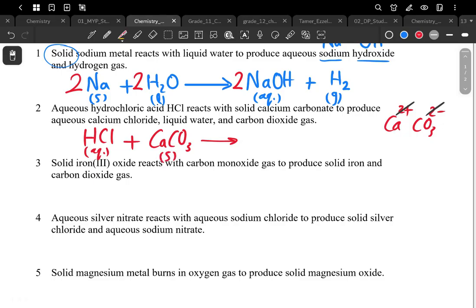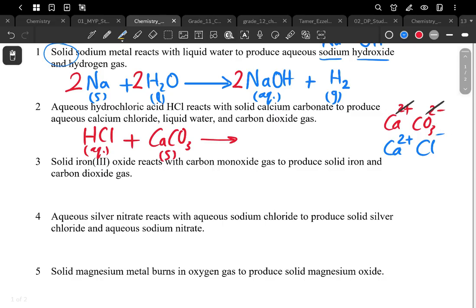This produces aqueous calcium chloride. So I'm gonna again work out the calcium chloride on the right side here. Calcium again belongs to the second group of the periodic table. It has a charge of 2 positive. Cl belongs to the 7th group in the periodic table. It has a charge of -1. So since the charges are not equal, what should we do? Yes, correct. We crisscross the numbers, right?